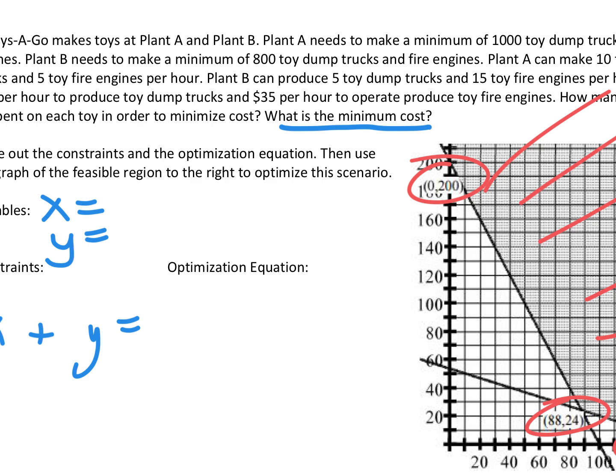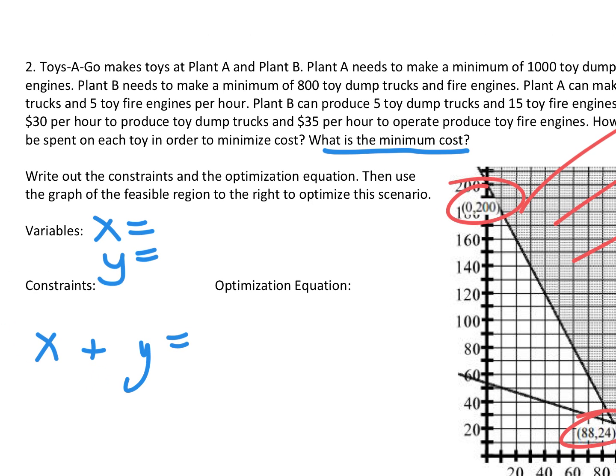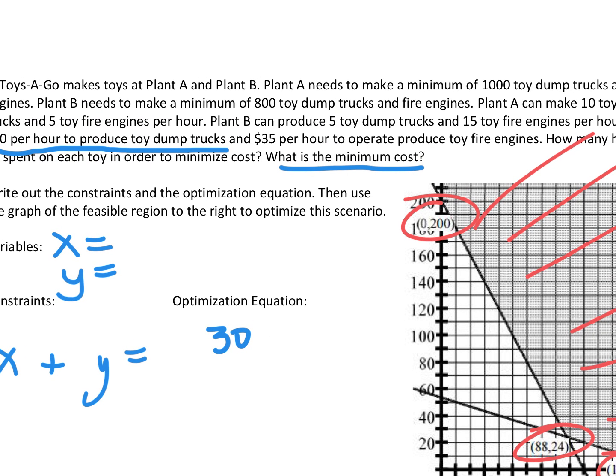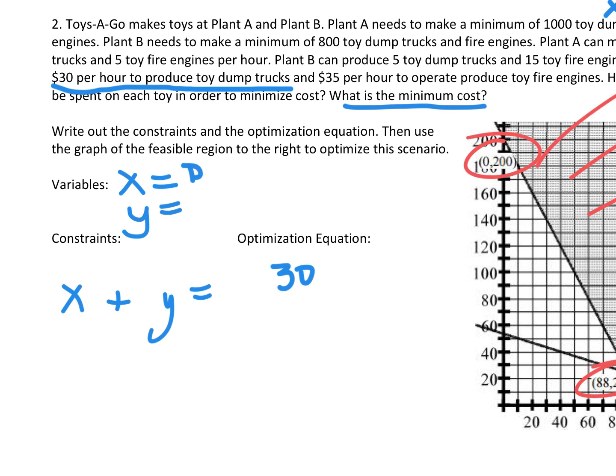So we're going to set up an equation for our costs, and here's where it says the costs. 30 per hour to make dump trucks, 30 for each, and I think dump trucks was X. So 30 for each X plus.